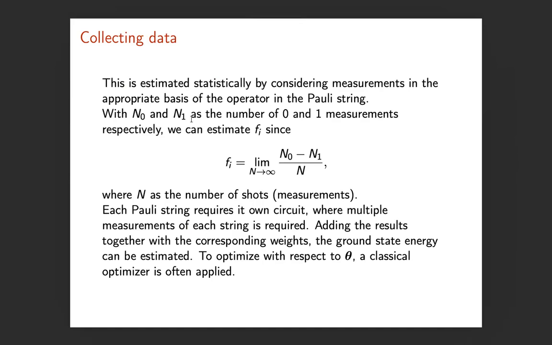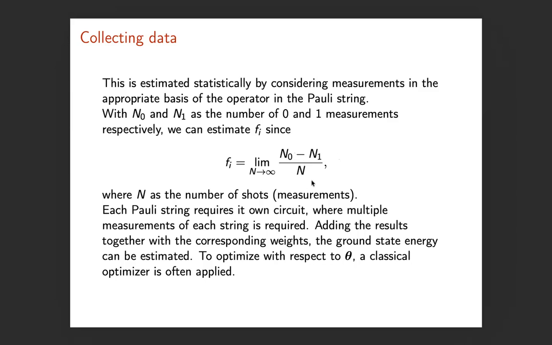So N0 and N1 are the number of 0 and 1 measurements respectively. And then you can estimate this specific variable f of i in the limit when N goes to very large values. So typically we would run this many times, and we simply collect the number of 0 qubits and the number of 1 qubits.